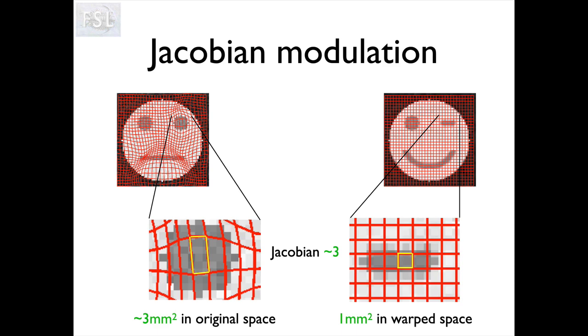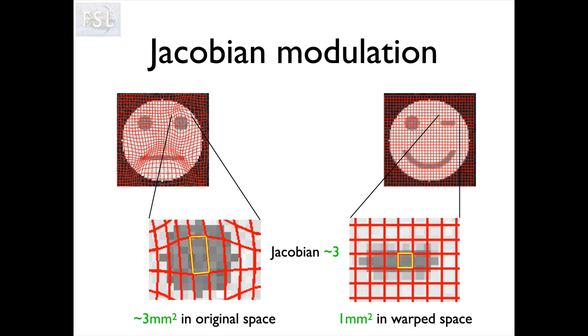So the idea is that the Jacobian is simply a measure of the local amount of volume change. If we look at our grid squares, we can simply measure the size of those grid squares in 2D here in this example, but it would be in 3D in practice. The ratio of what that is after registration and before registration represents our Jacobian, which is a local measure of how much the volume has changed, or in this case, area, as we're in 2D.